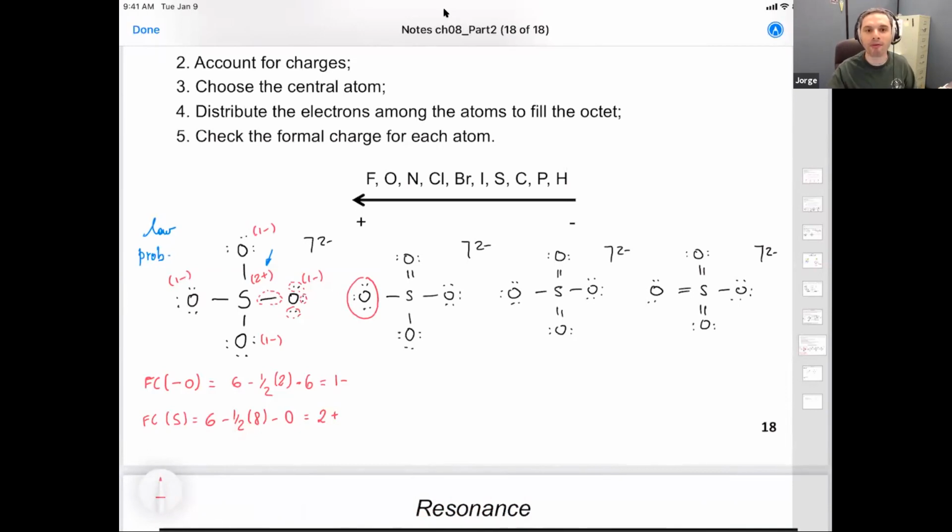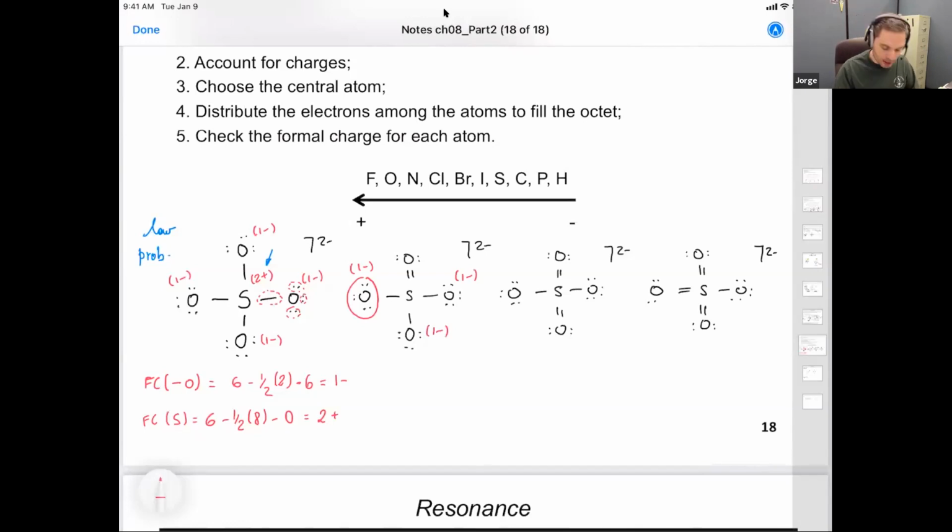So we don't have to recalculate the formal charge for the oxygen connected to the single bond. It's always going to be 1 minus, okay? So that saves some time. Always when oxygen is connected to another element through a single bond, the formal charge is going to be 1 minus.